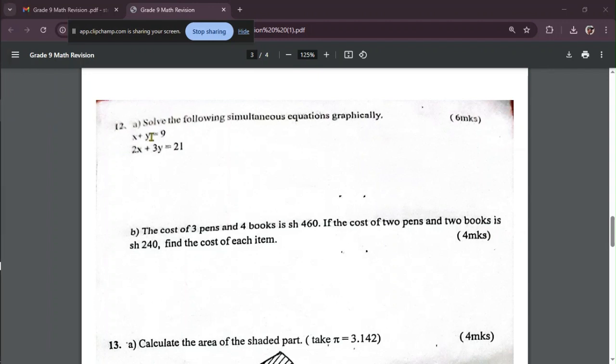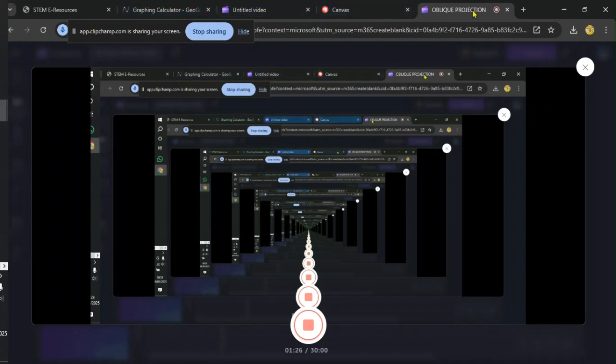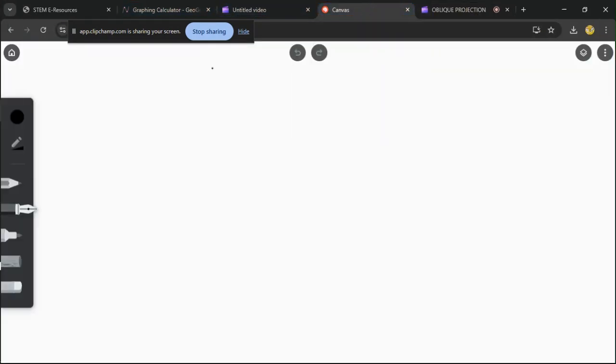So this is the question that we have. So I'll note it somewhere. I'll note where we are supposed to be having it. This is the new page here. So we have the simultaneous equation.